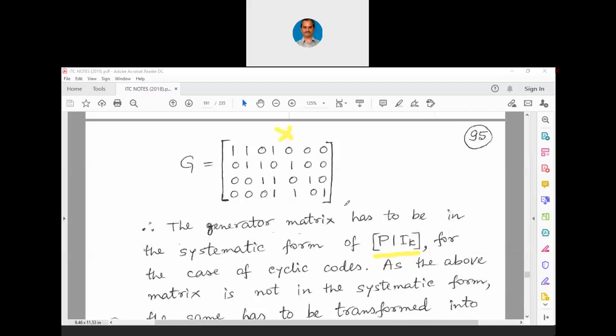Right now neither identity matrix is there, parity may be there, we don't know, but identity elements are not there. What do we have to do so that we will get such a form? Anybody can tell me? Students do not remember linear algebra?